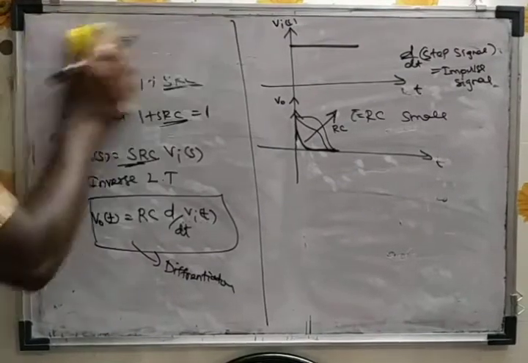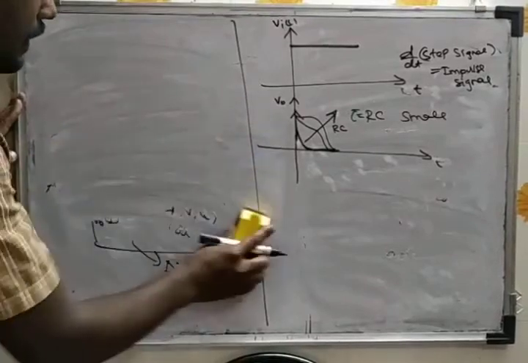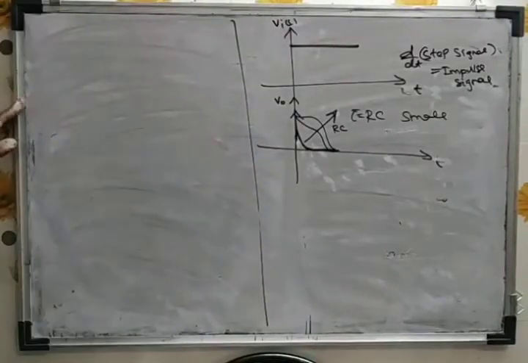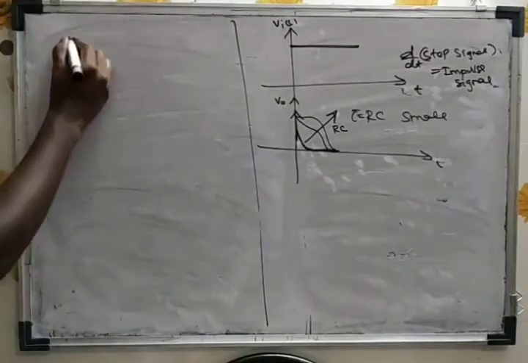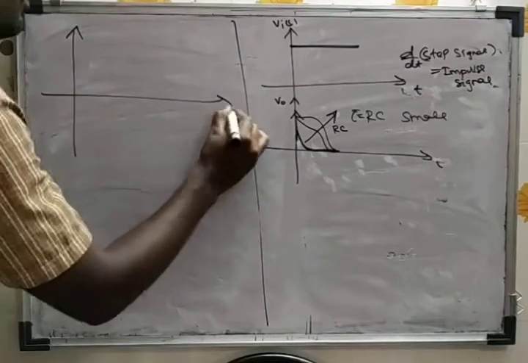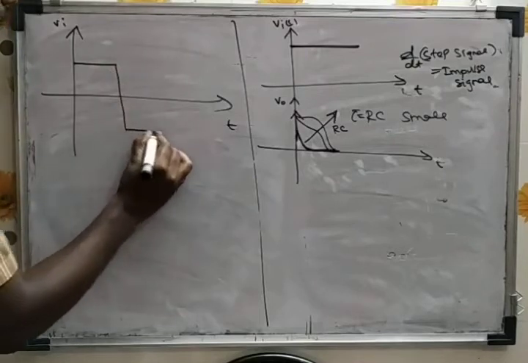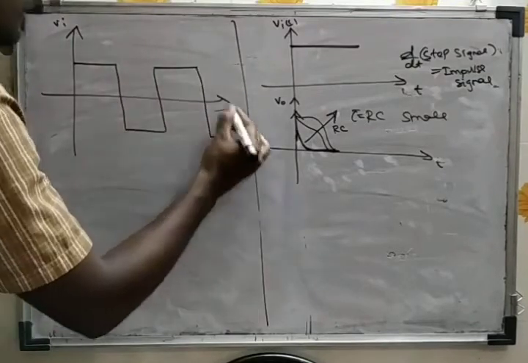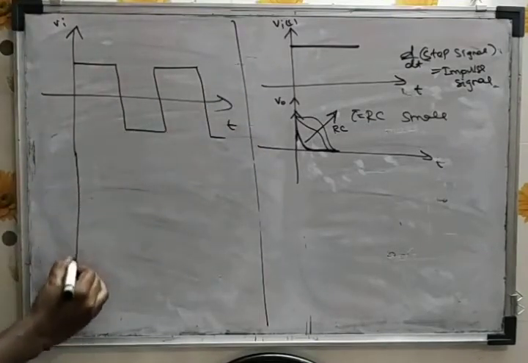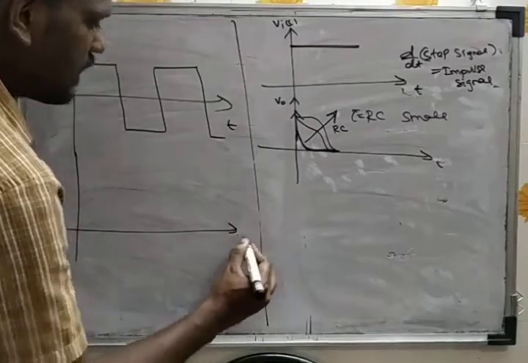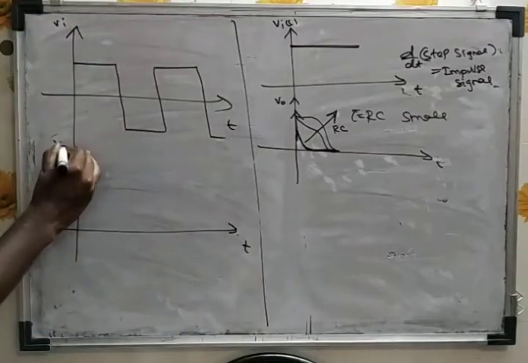So next, I am giving the input as a square waveform, and the differentiator output V0.